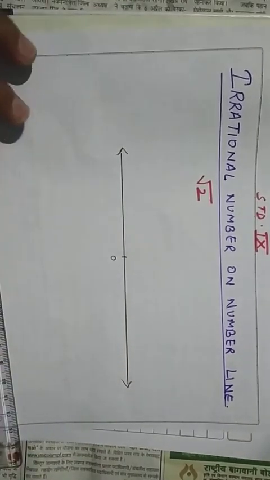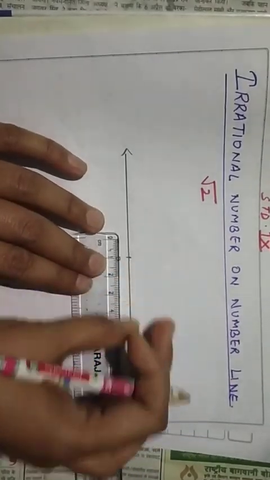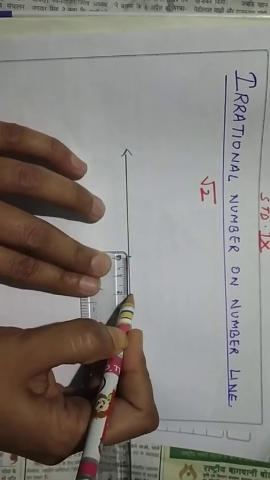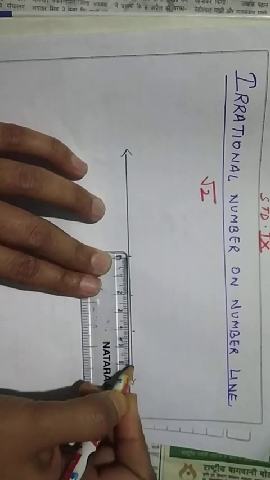This is 0. After that, at equal distance you have to take 1 unit, 2 unit, like this. 1 unit is very small, so I am taking 2 centimeters as 1 unit.